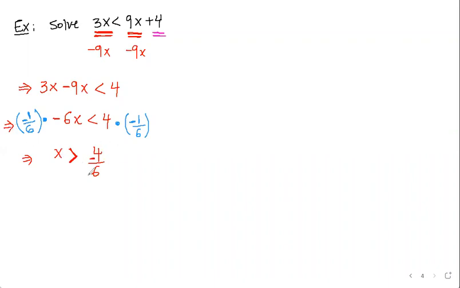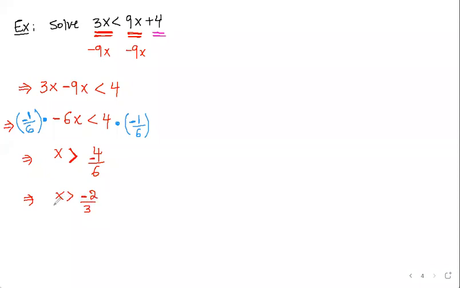We can simplify this. What is the simplification of negative 4 over 6? Negative 2 over 3, yes. So this is the solution for this inequality: all the numbers greater than negative 2/3.